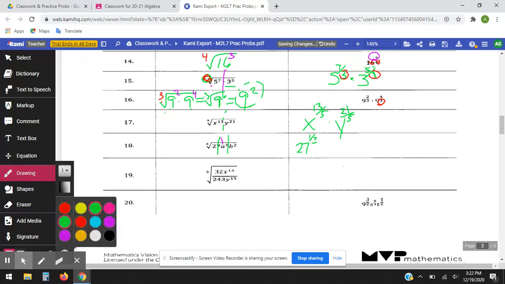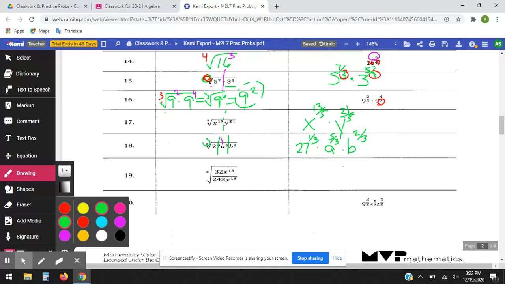A to the 5th, so times a to the 5/3 times b, exponent 2, we're still the third root. So notice I have a 3 as my denominator for all 3 of them, and it's all the third root.